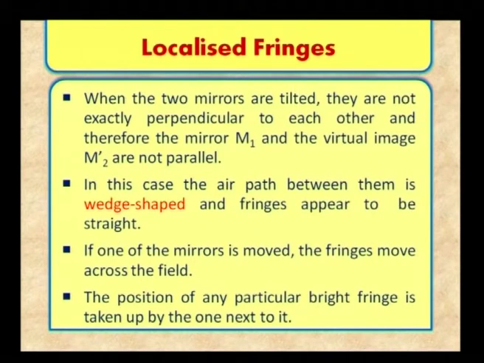When the two mirrors are tilted, they are not exactly perpendicular to each other, and therefore the mirror M1 and the virtual image M2 prime are not parallel to each other as we had in the earlier case. In this case, the air path between them is wedge shaped, and the fringes formed will appear straight. If one of the mirrors is moved, the fringes will move across the field of view. The position of any particular bright fringe is taken up by the one next to it.